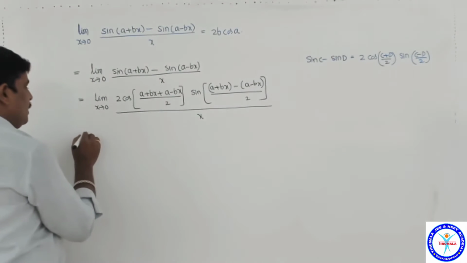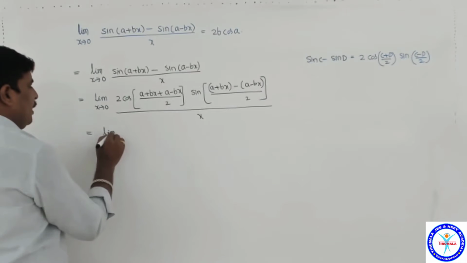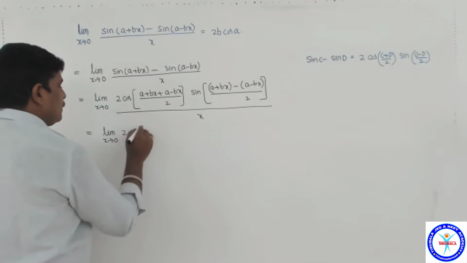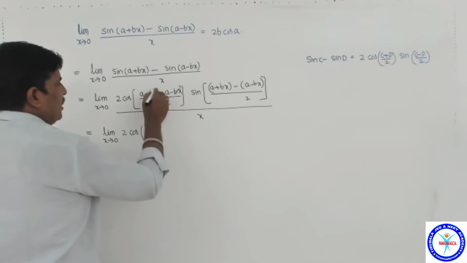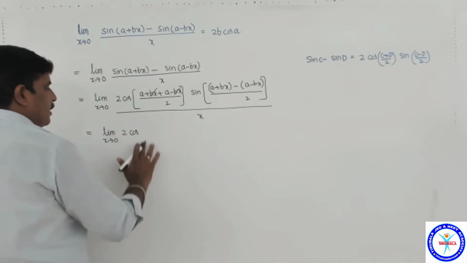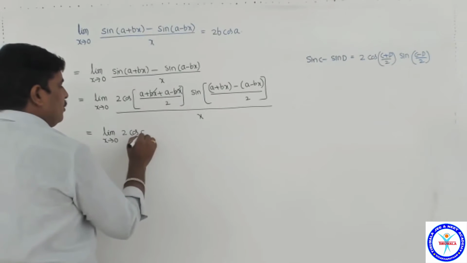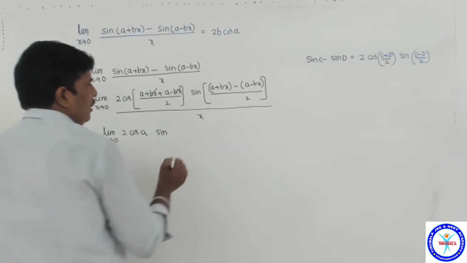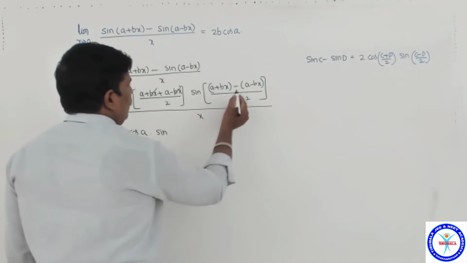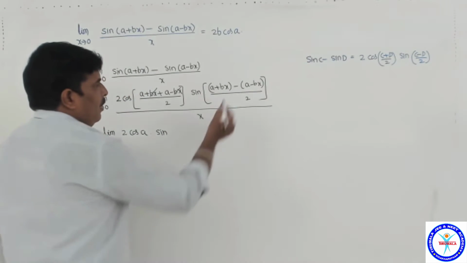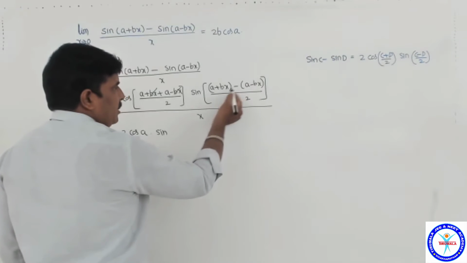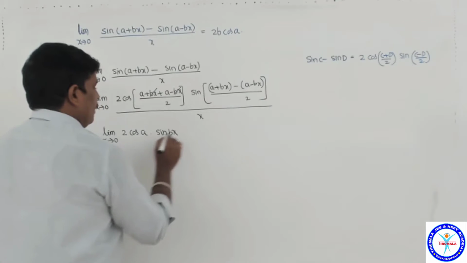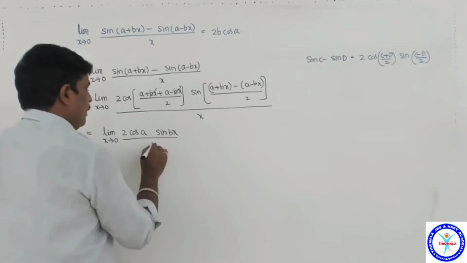So, this is equal to limit x tends to 0, 2 cos, minus bx plus bx cancel. So a plus a, 2a by 2, a, into sin of, we get a minus a cancel, bx plus bx, 2bx by 2, bx divided by x.